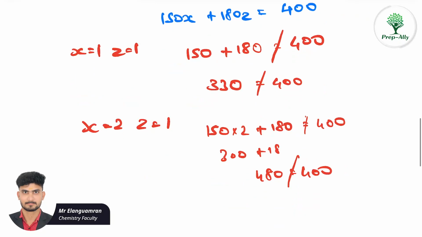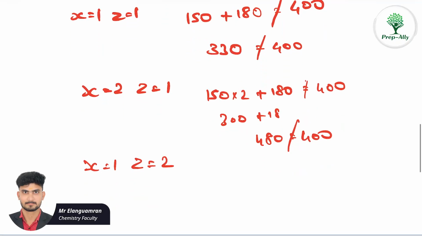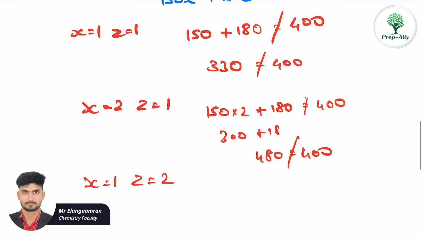No, it is not 400. And what if I take x equal to 1, z equal to 2? Then I will get 150 plus 360, so it is going to be 510, right?